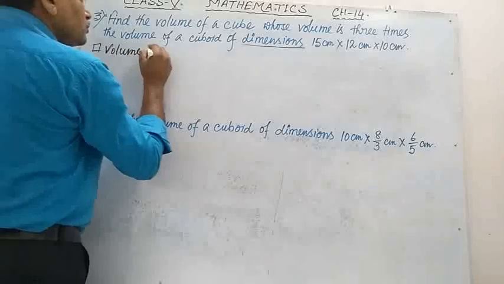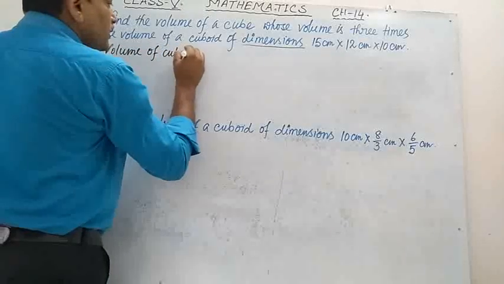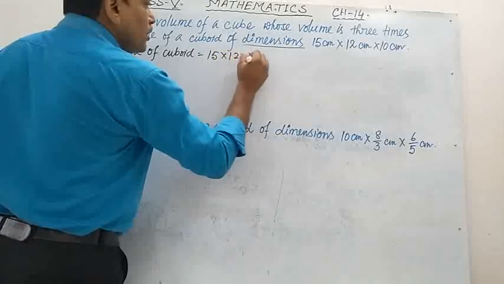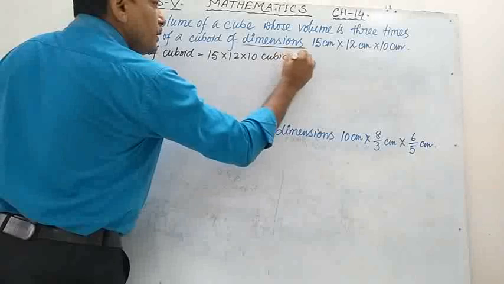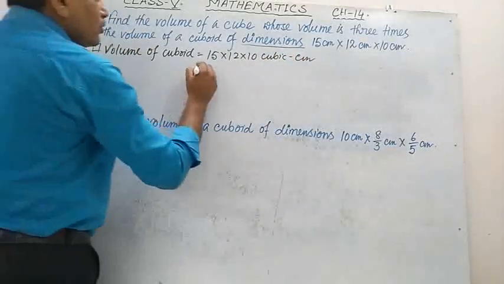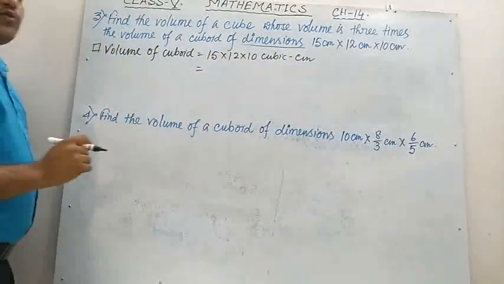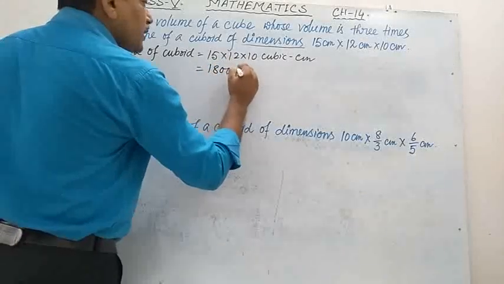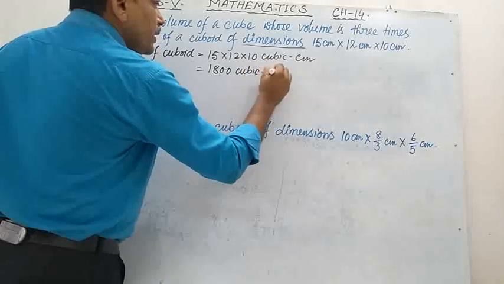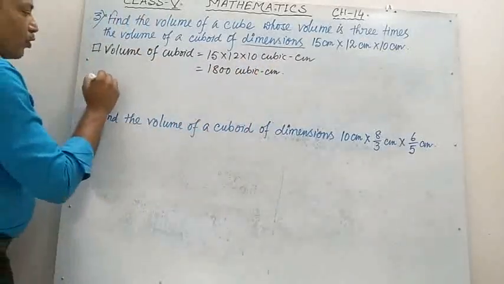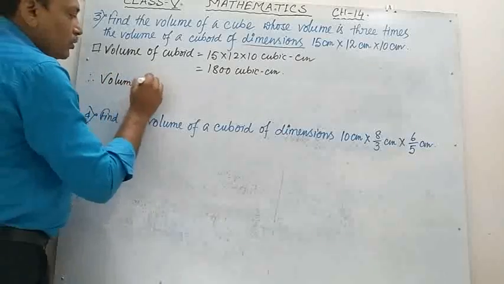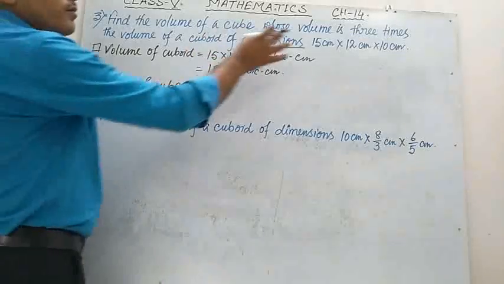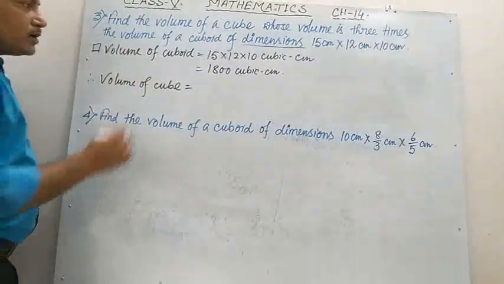Volume of cuboid equals 15 into 12 into 10 cubic centimeter, which equals 15 into 12, 180, into 10, 1800 cubic centimeter.